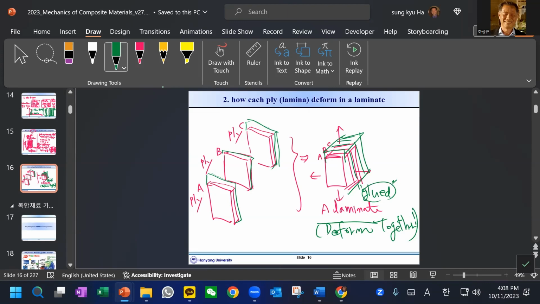So regardless of the material property of each ply, they are all glued together. In other words, the strain of A or strain of B or strain of C, they are all the same in a laminate. So this is again very obvious, and this is one of the most important features of composites. So please keep that behavior in mind.